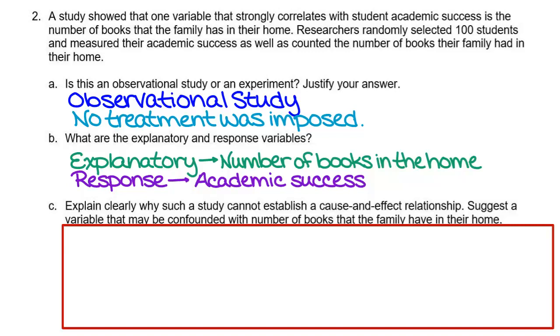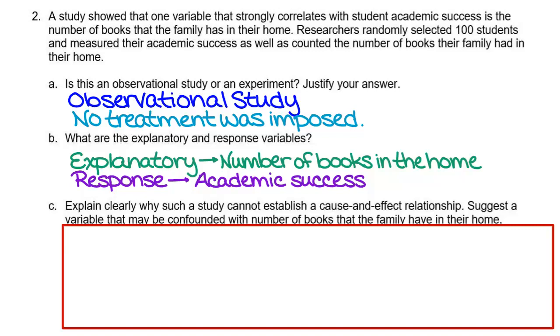Explain clearly why such a study cannot establish a cause and effect relationship. Suggest a variable that may be confounded with the number of books the family has in their home. So why can't we establish cause and effect? How do we know? There are too many other things that could cause it.